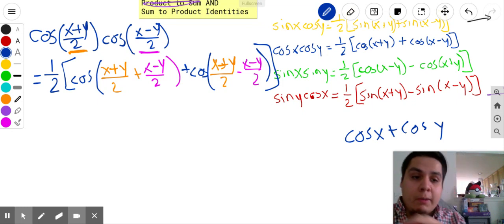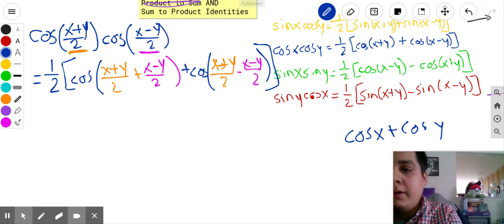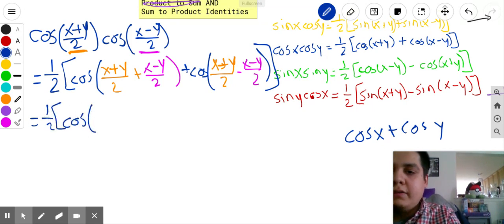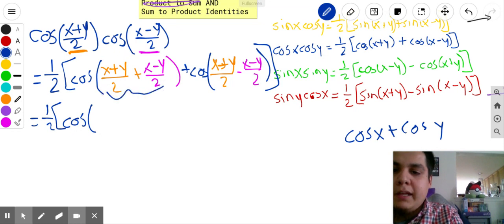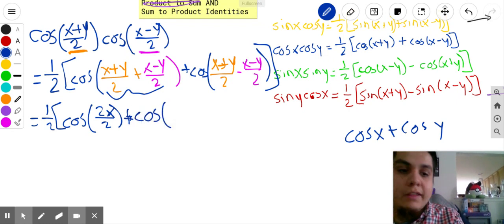So if I manipulate what I have so far, I have 1/2 cosine of, well, this pattern is just going to keep repeating itself. This is going to turn out to be 2x divided by 2 plus cosine of, and this pattern is going to repeat itself.